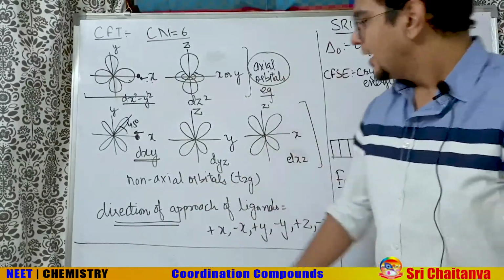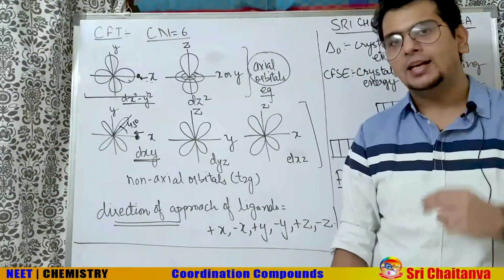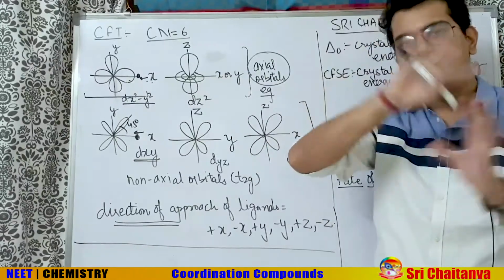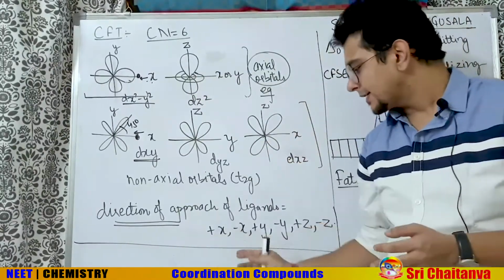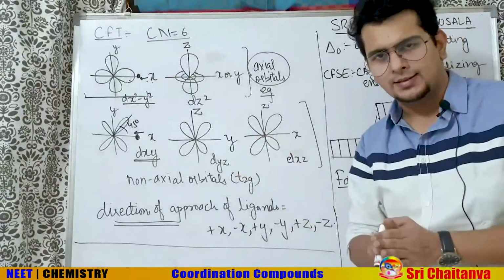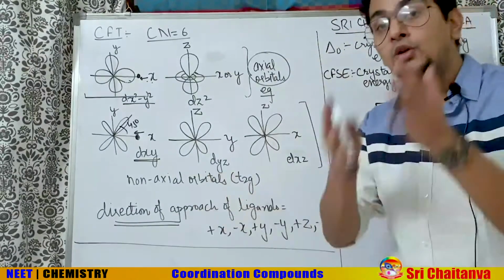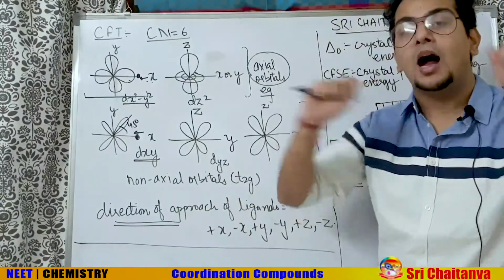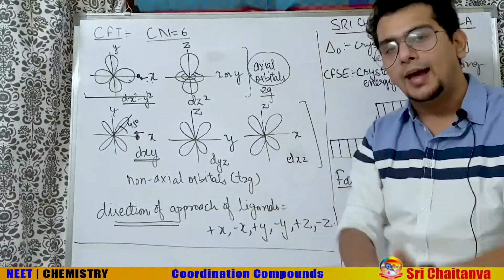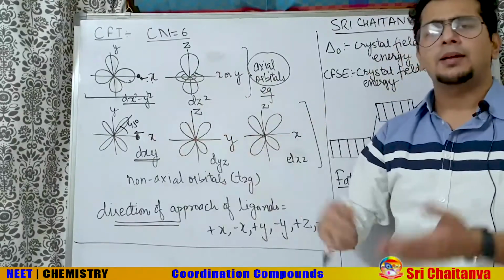Now understand the direction of approach of ligand. For coordination number 6, ligand comes from front, back, left, right, top and bottom. 6 ligands come, that is plus x, minus x, plus y, minus y, plus z, minus z. Simple geometry we can say. So now, if the ligand is coming along the axis, now you tell me very clearly, your heart will say that axial orbitals will be affected more and non-axial orbitals will be affected less.